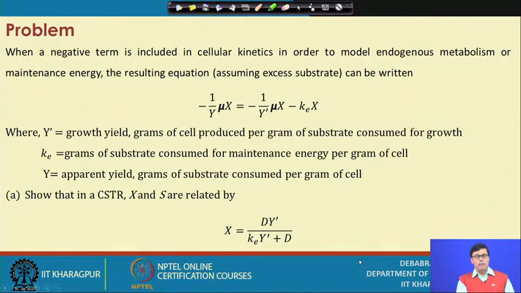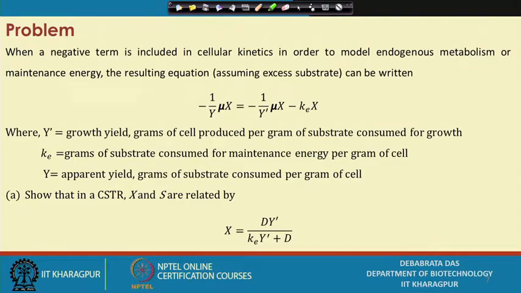Now, another very interesting problem that I want to discuss here: we come across the Pirt equation. What is the Pirt equation? The Pirt equation deals with the maintenance of the cell, or what you call endogenous metabolism of the cells.